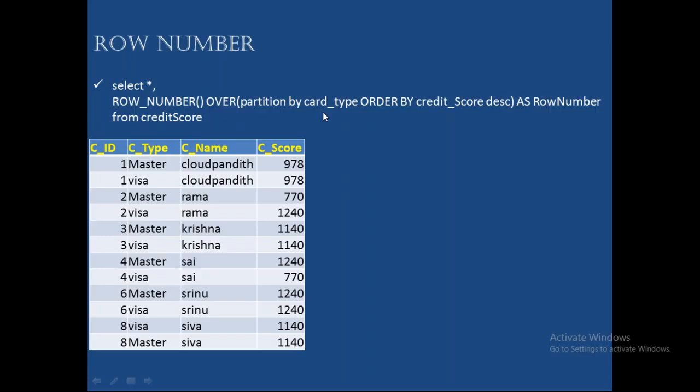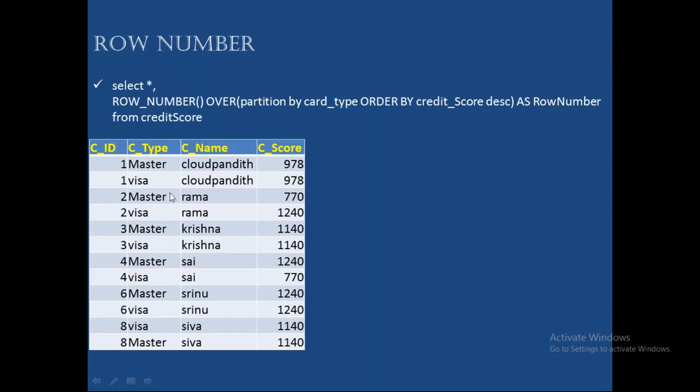First it has to group based on the master cards and the visa cards. Once it has done that, next I need to focus on the credit score descending order, meaning first it groups master cards, next it groups visa cards. In which order should it group? Can I put visa first? No. The order in which I want to display the records in each group is based on credit score descending, meaning the highest credit score should be at the top.